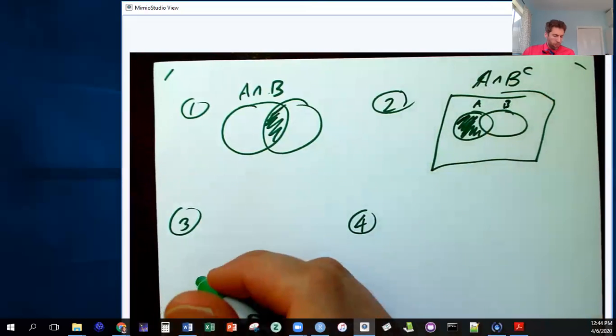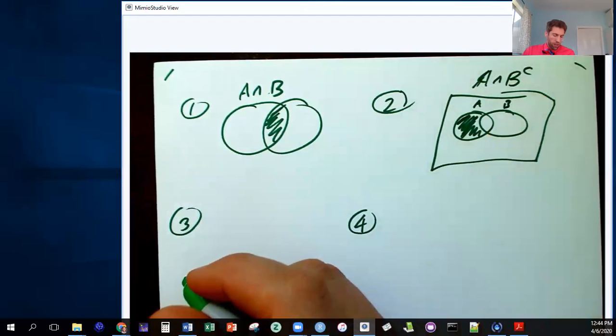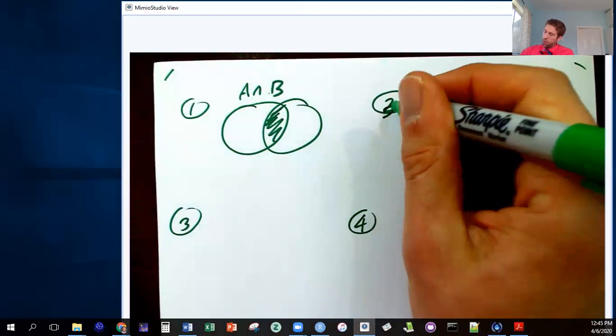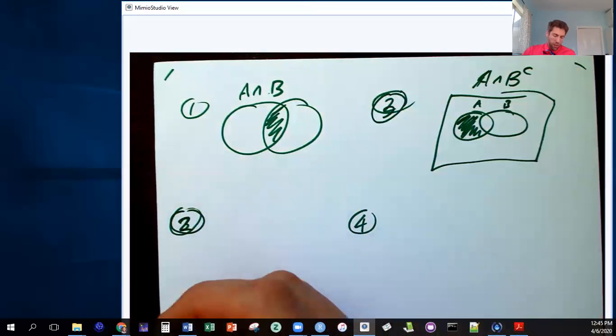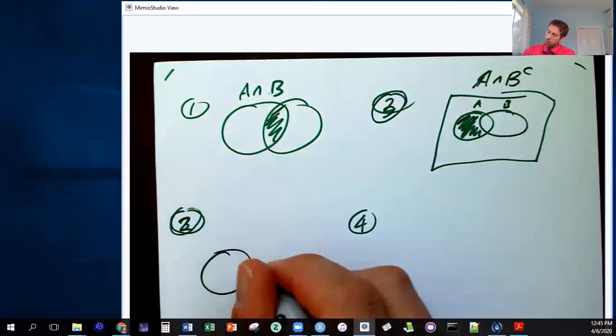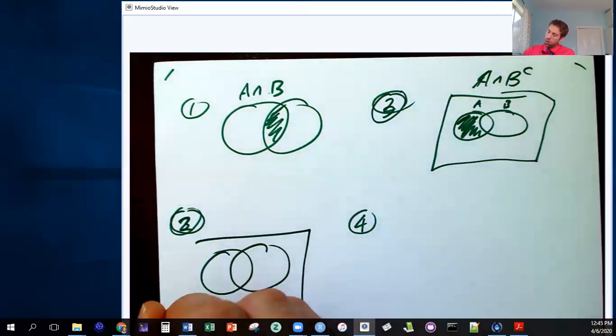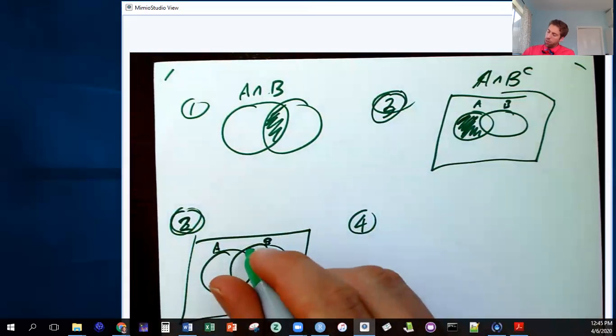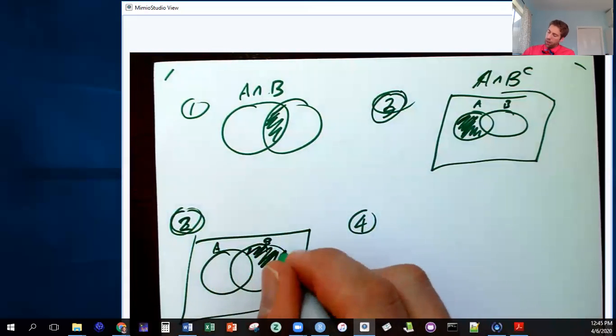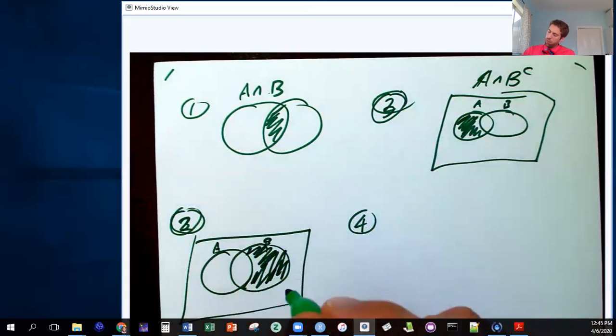For three, oh, I'm sorry, that's number three. Messed that up. Okay. Number two, A complement intersect B. A complement intersect B, so it's got to be in B and not in A. So that'd be that.